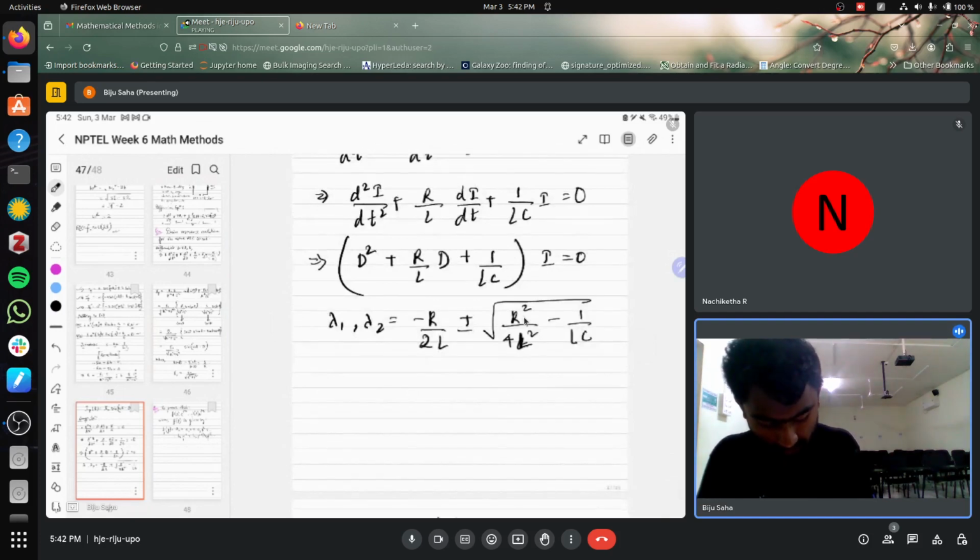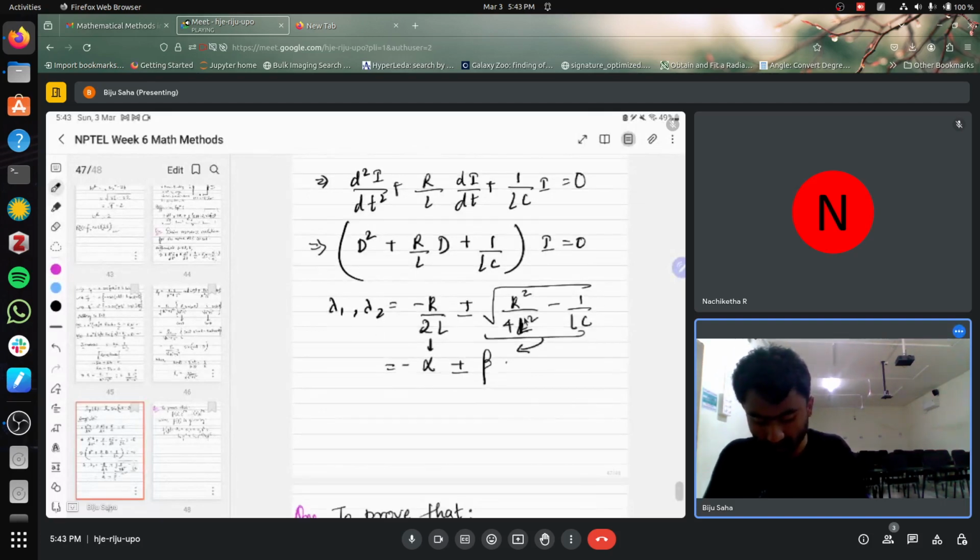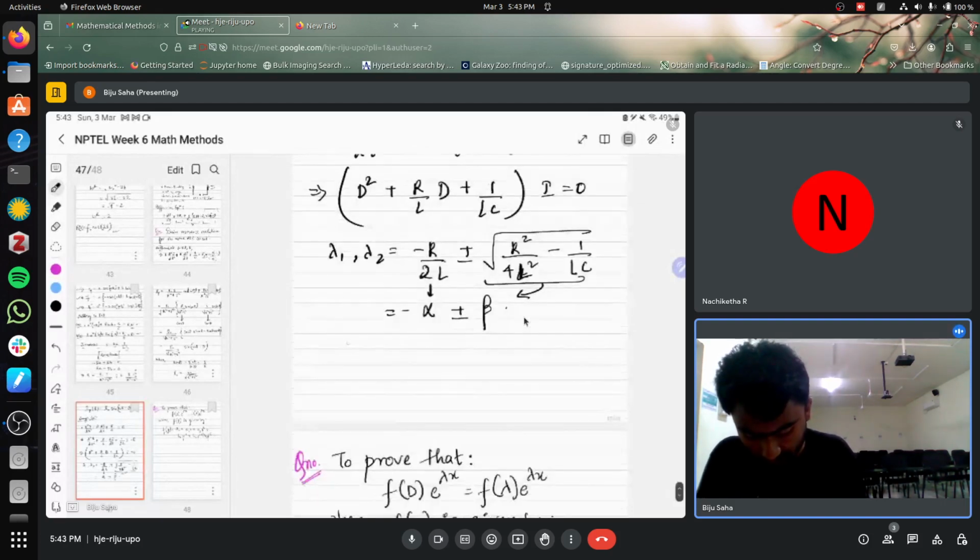So what you have is minus alpha plus or minus the beta term. Let this be alpha and this entire thing be beta. Since the roots are distinct, your complementary solution is given by C1 of this and C2 of this.